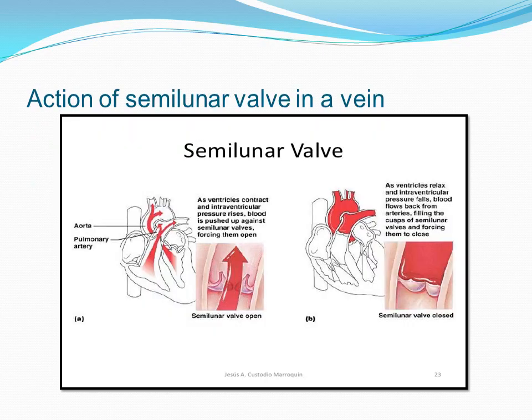Before going to the difference between artery and vein, let me explain something about the semilunar valve. The function of this valve we will be studying when we do the structure and function of the heart. So what is the semilunar valve doing? These valves are present here. These are semilunar valves.